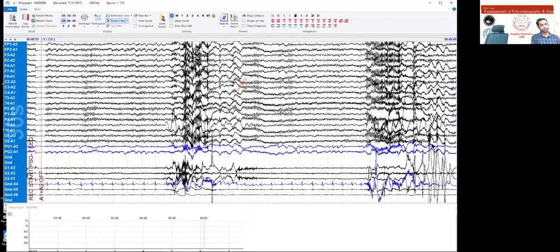This is what I have explained: alpha activity is there.